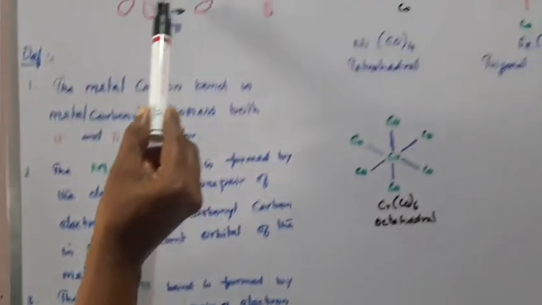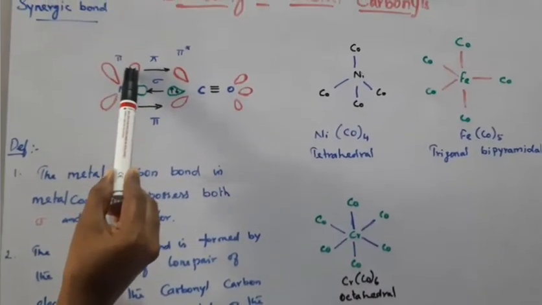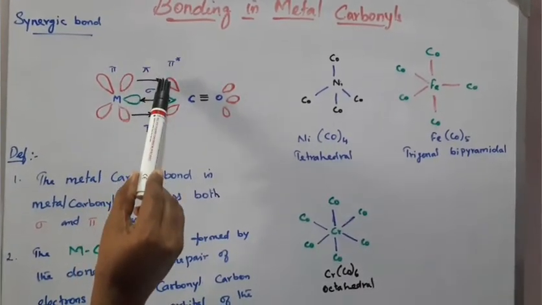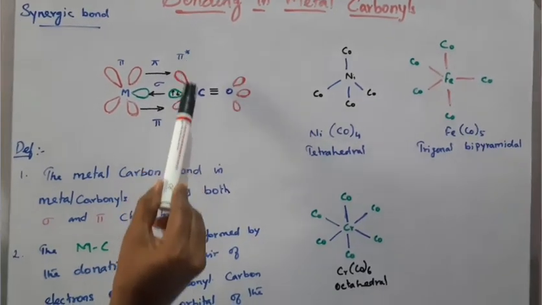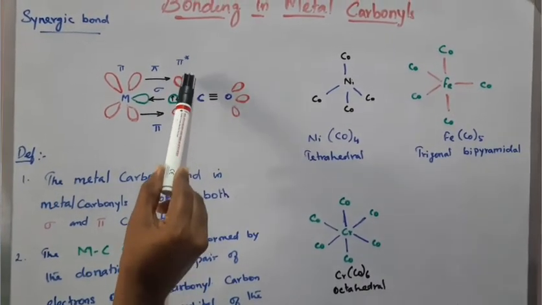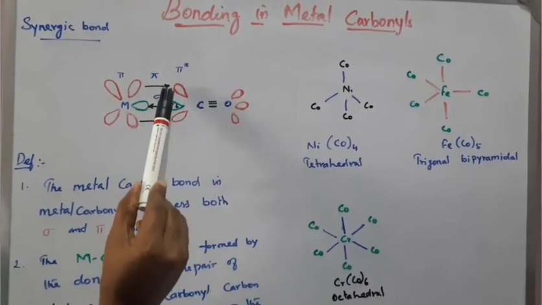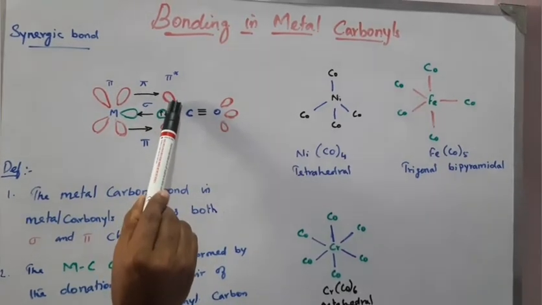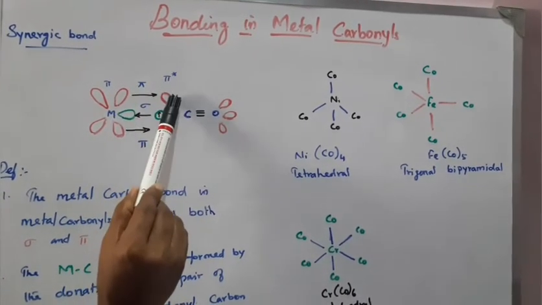So this is a filled d orbital of the metal, and it gives a pair of electrons to the pi star. Pi star means the vacant antibonding orbital according to MO theory. So the electrons are transferred from the filled d orbital to the empty pi star orbital of carbon monoxide, and the pi bond takes place.